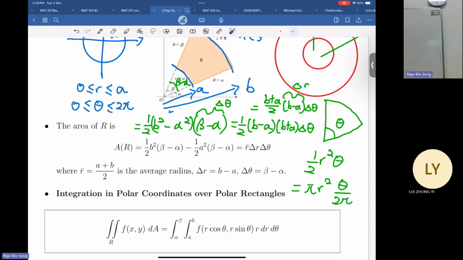So when you do polar integration, you need to multiply by an extra r: r dr d theta, not just dr d theta. For the area of a polar rectangle, you need to take into consideration the factor of r, r times the change in r, change in theta. So here it becomes r dr d theta. Does that make sense?